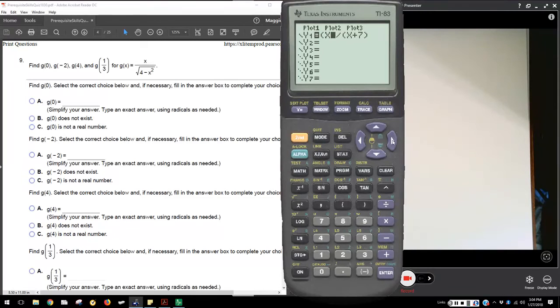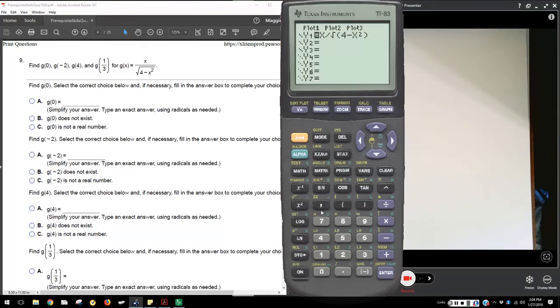You can put it in parentheses or not, doesn't matter. And the denominator of this is a square root, and under the radical we have 4 minus x squared.